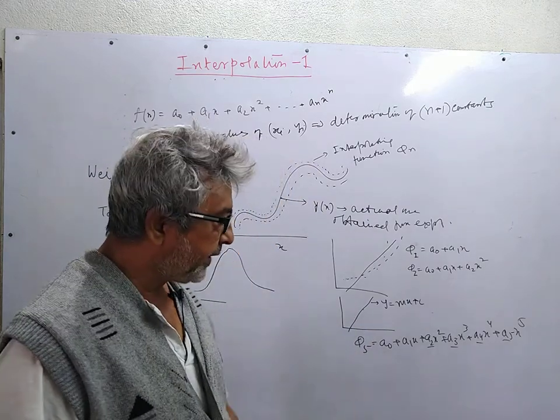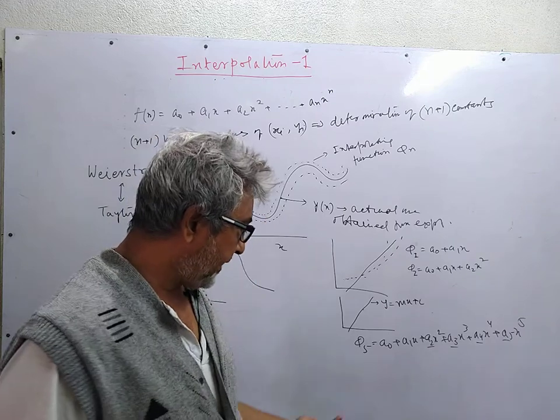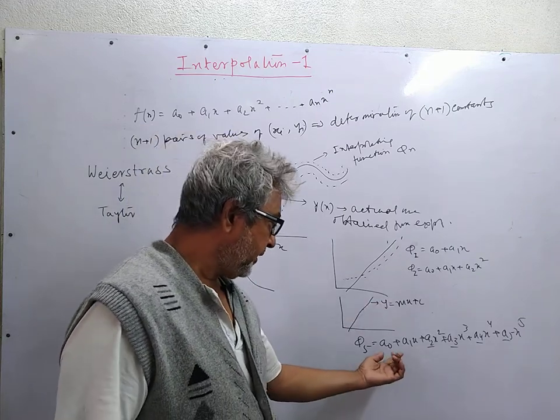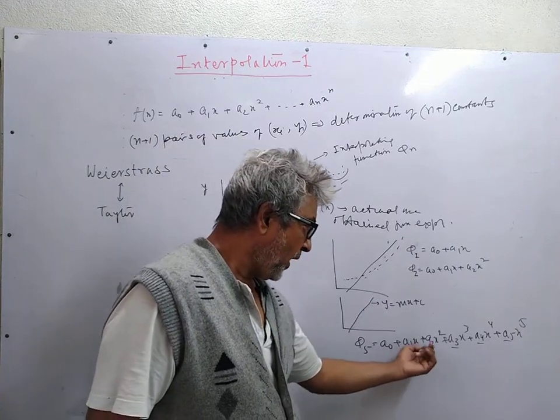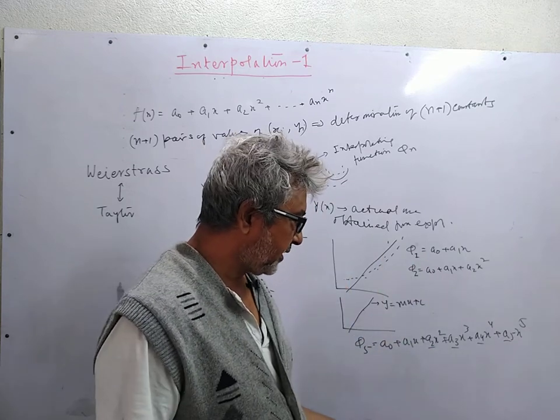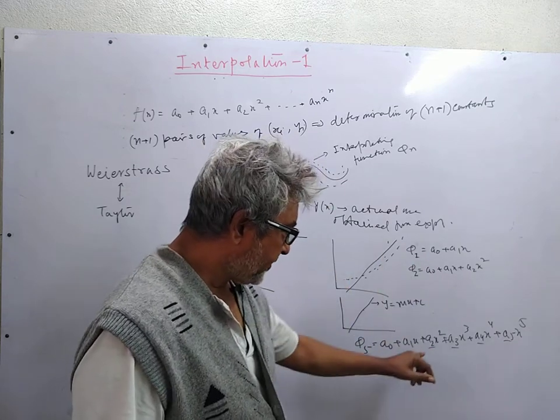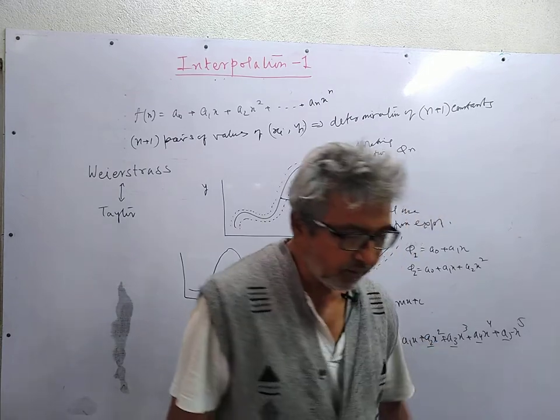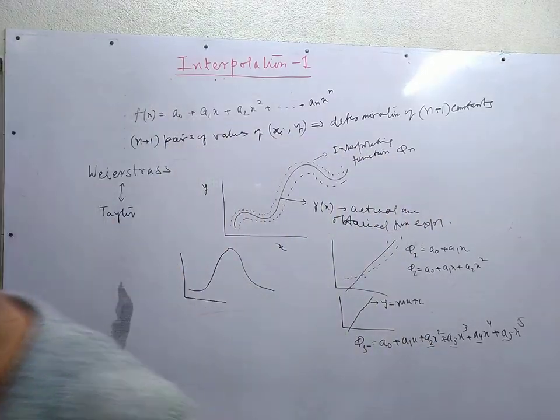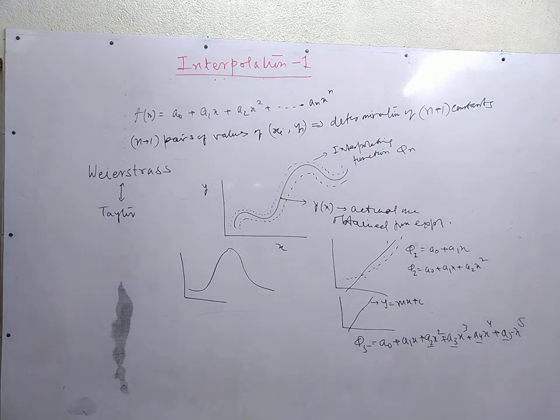By this we conclude that the function itself is a linear one, while the excess number of data has proved that the higher coefficients are really very small. We shall consider an example of this sort afterwards. So this much is a brief introduction about interpolation.